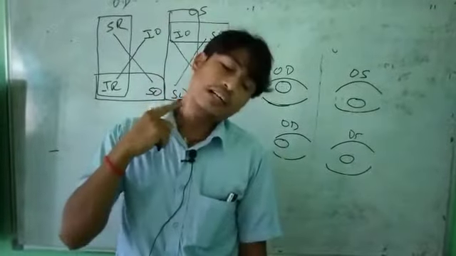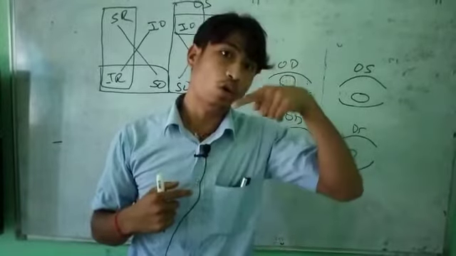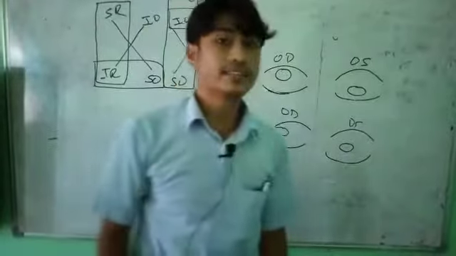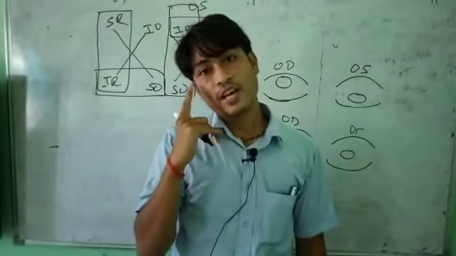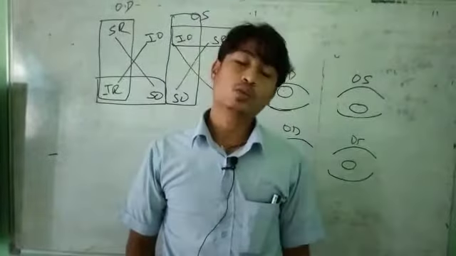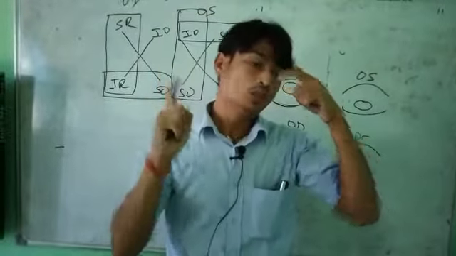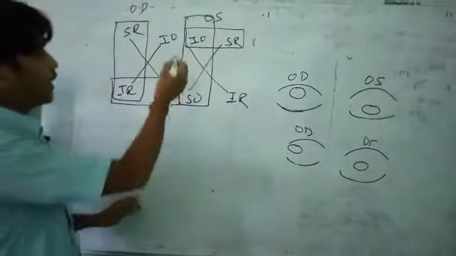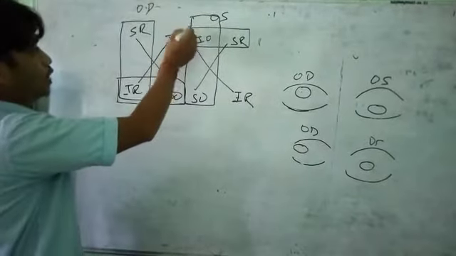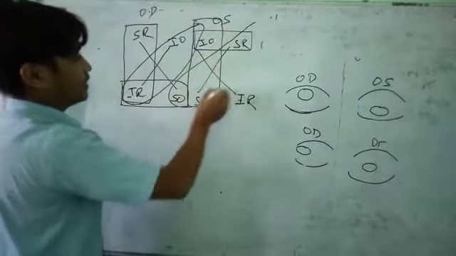If I head tilt this way, my left eye will be intorted and the right side will be extorted. So in this same way, if I look at the left head tilt, what do we have to do? Left head tilt like this.